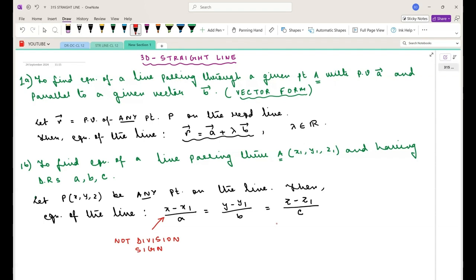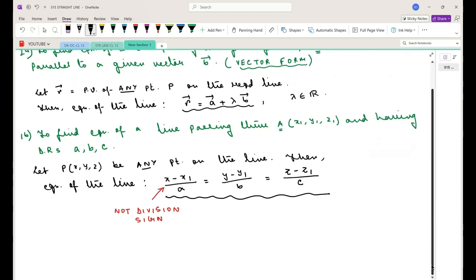Similarly, in the Cartesian form, the DRs of the line are given. We all know that DRs give us the direction of the line. That is why the vector small b has been replaced by the DRs A, B, C. So again, you will memorize this equation and directly plug in the values.